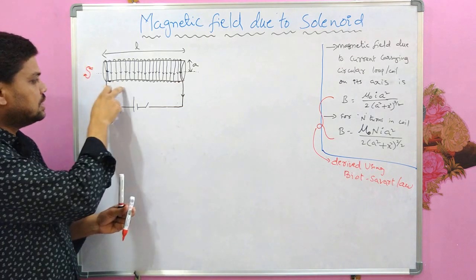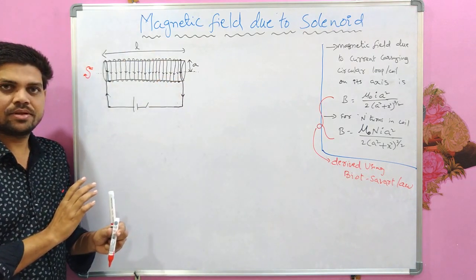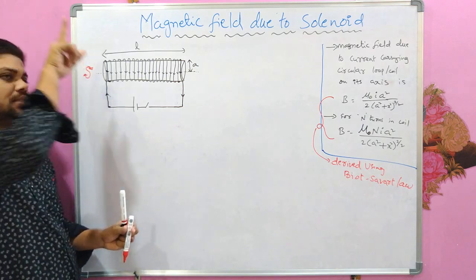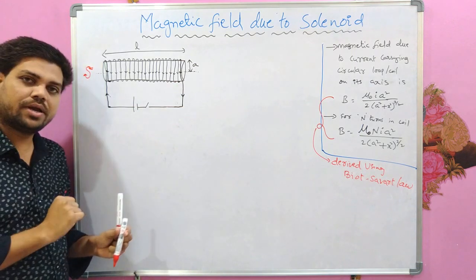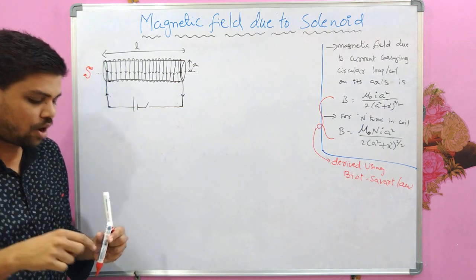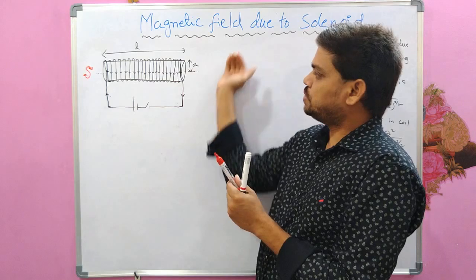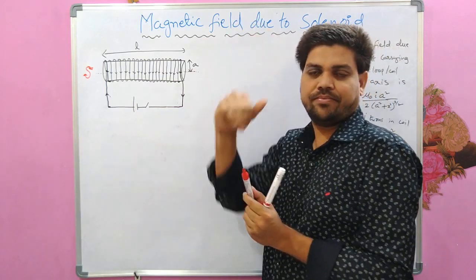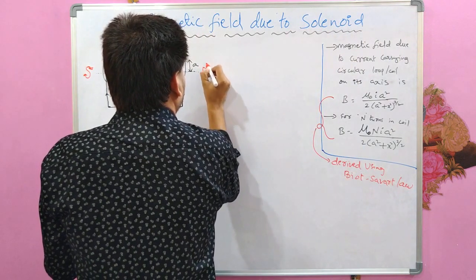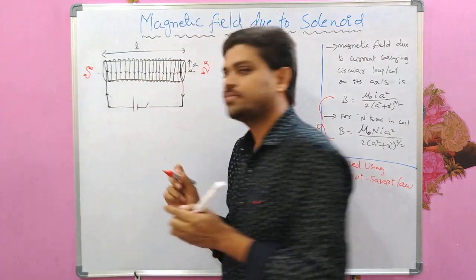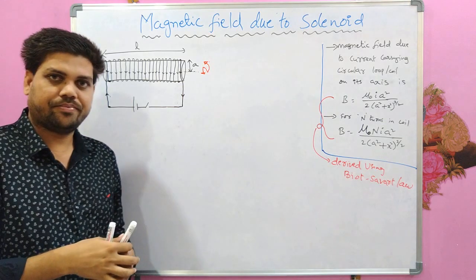That means for this particular solenoid where the current direction is as shown here, if I look from this side, the current direction seems clockwise, then this would be the south pole according to the clock face rule. And obviously, if I see from this side, the current seems to be in the anti-clockwise direction, and this would be the north pole. For this particular current direction I am talking about.